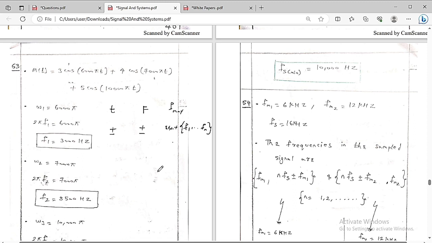But the minimum sampling frequency means Fs minimum is equal to 2 into FM. FM is the maximum frequency present in the signal. Because FM is 5000, if you multiply by 2, we get the minimum sampling frequency of 10,000 hertz. If you sample the signal with 10,000 hertz, then we can get back the original signal from its samples. So this is the correct solution of this question.